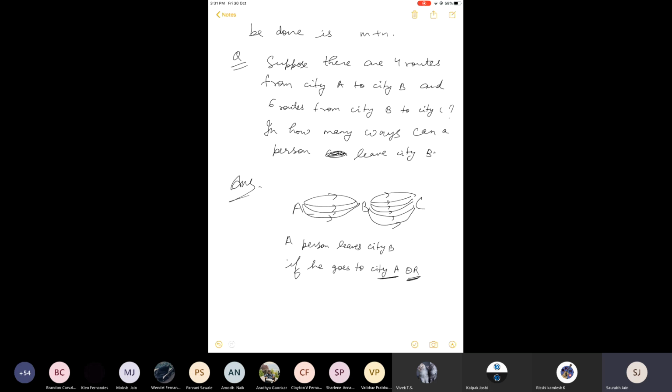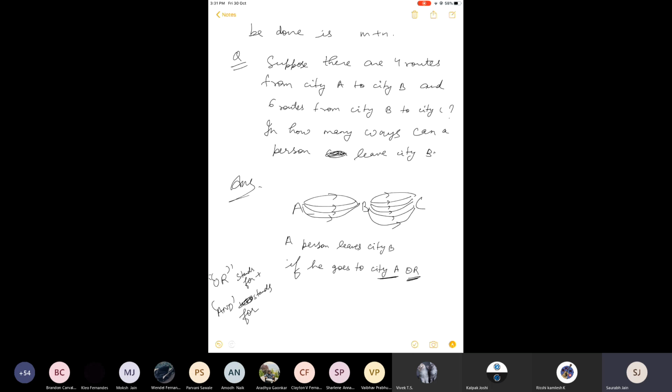So both of the things are independent. He is moving from B. Either he can go to A or he can go to C. Also remember one thing. This is a very common concept. I think we have discussed it previously also. Whenever the word or comes, or stands for plus, and whenever the word and comes, and stands for into.